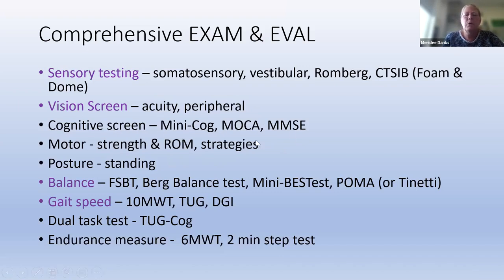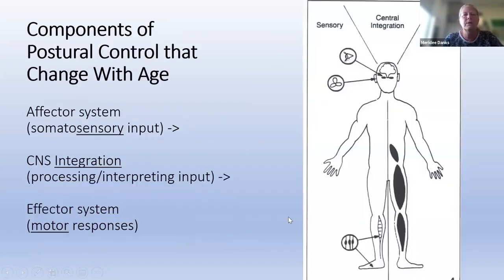And then what motor strategies are being performed by the individual. And we'll talk about what those might be. Posture is going to be very important in balance. That center of mass, the line of gravity should be as close to the joints as possible. And then some different balance tests that we can do, or gait tests. So we'll talk about those.